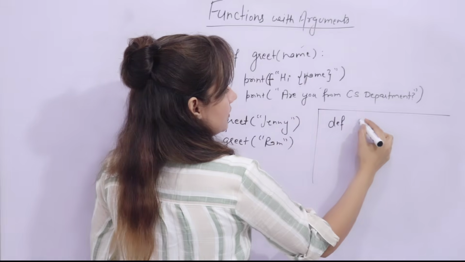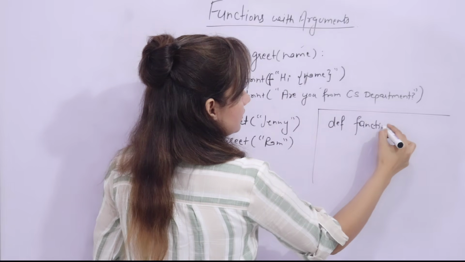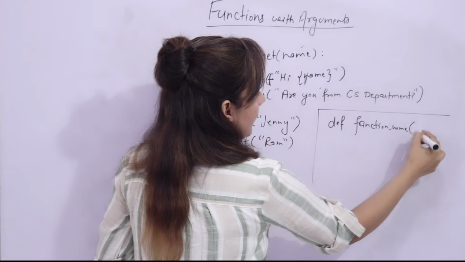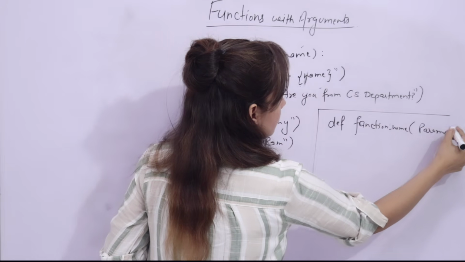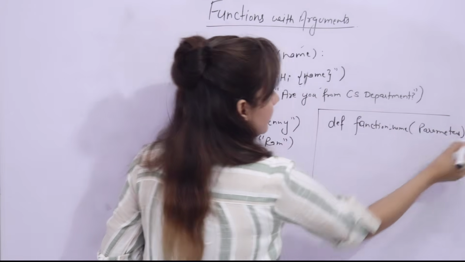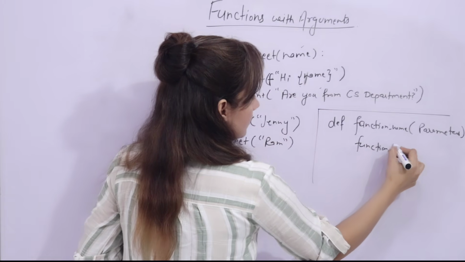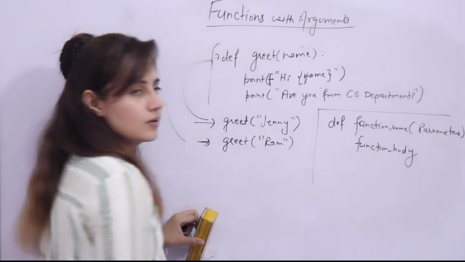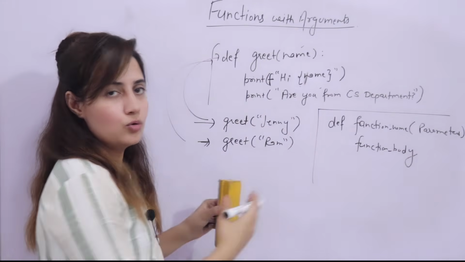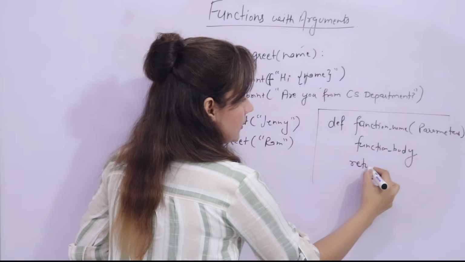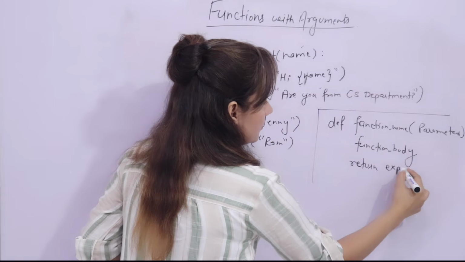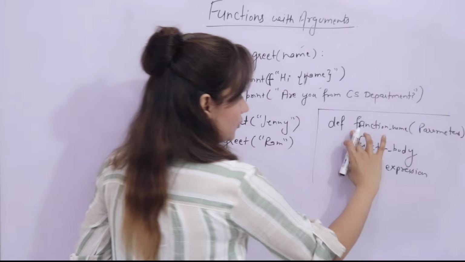So def, the function name and parameters, then colon, then function body, right? Or if you want to write a complete thing, then you can write a return expression within this function only.